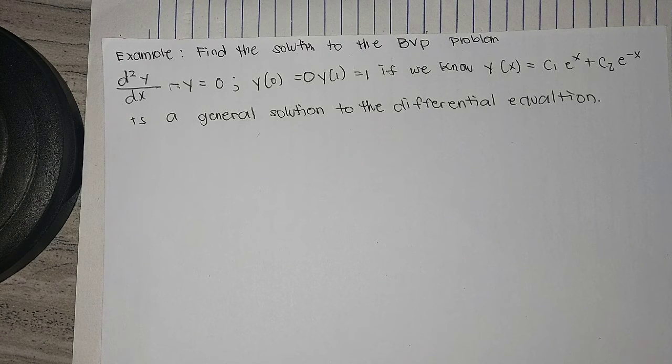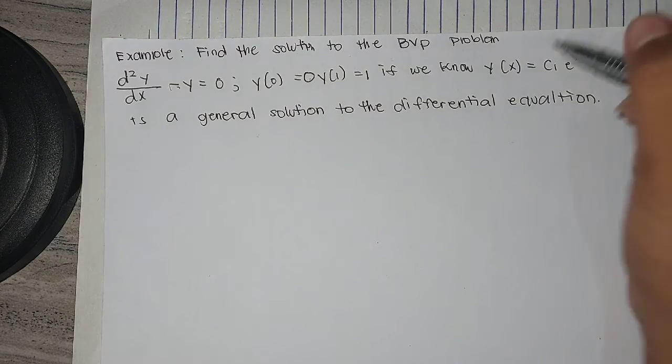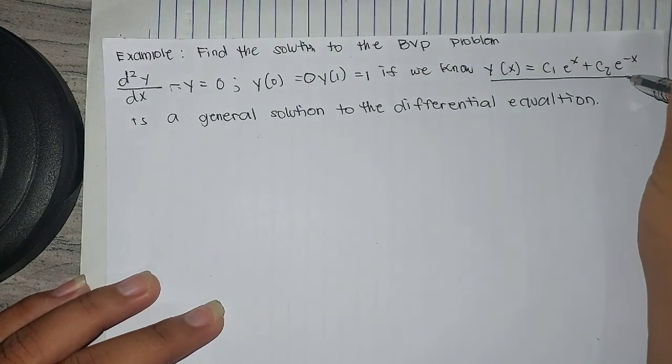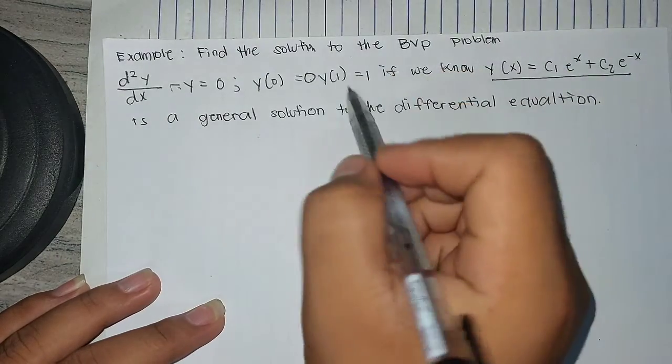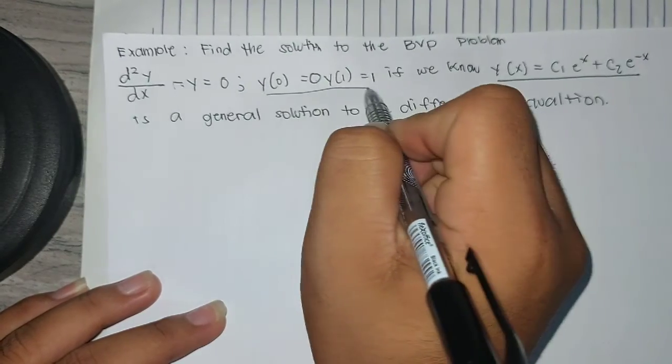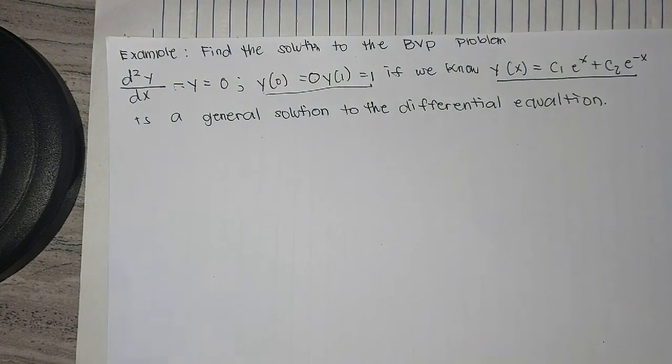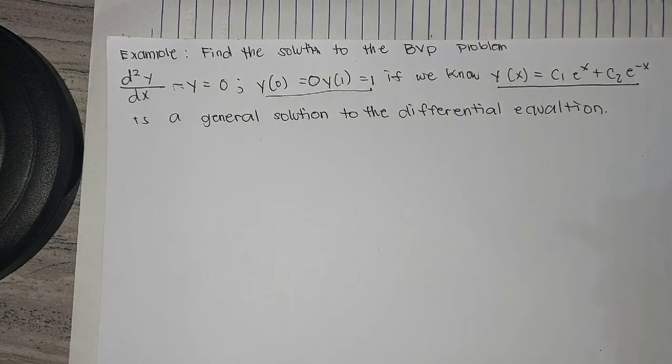We know that y of x equals c sub 1 times e to the x plus c sub 2 times e to the negative x is a general solution to the differential equation. So, given the general solution and these two conditions, we want to find a particular solution.